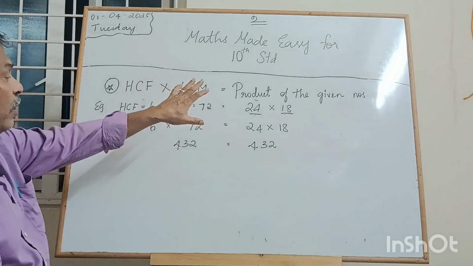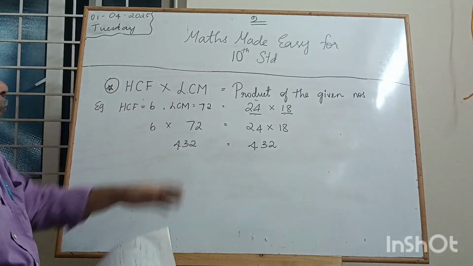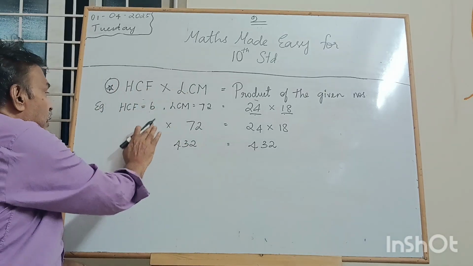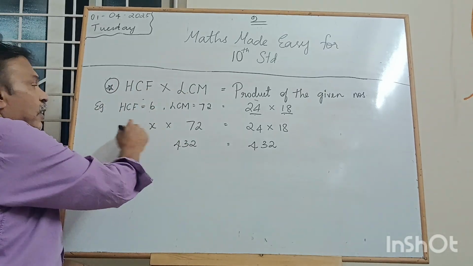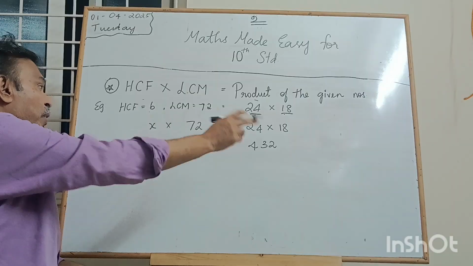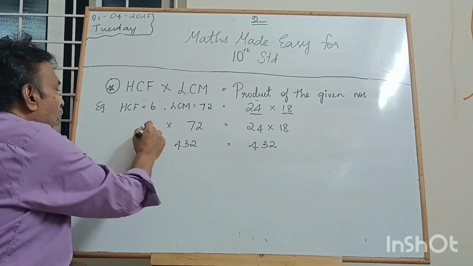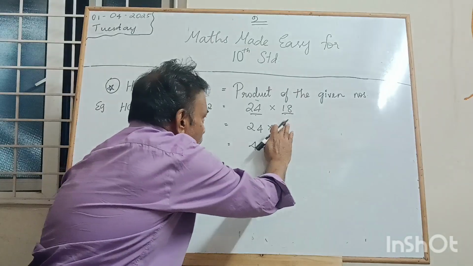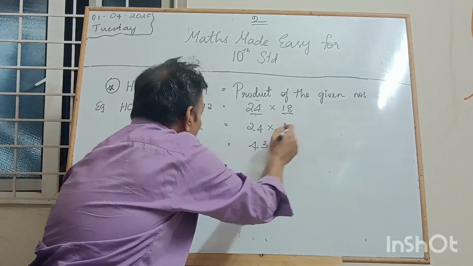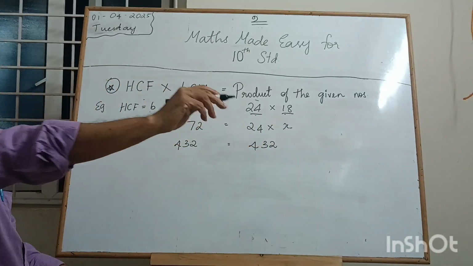So with this, you will have a lot of questions. They will not give this, they will say X, so from this you can find X. Or they will not give this number, so you can find it with this equation.